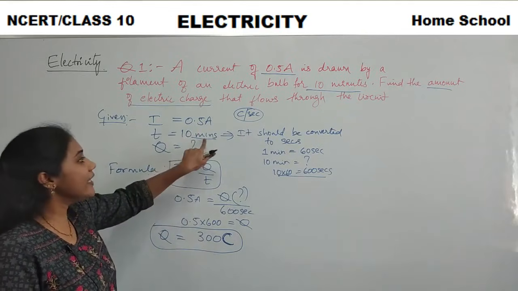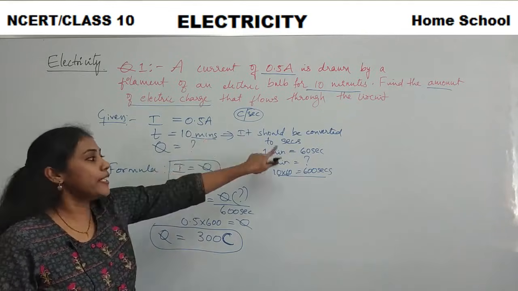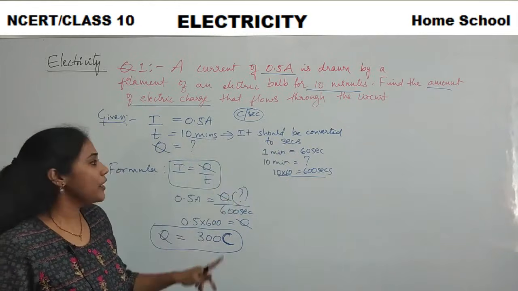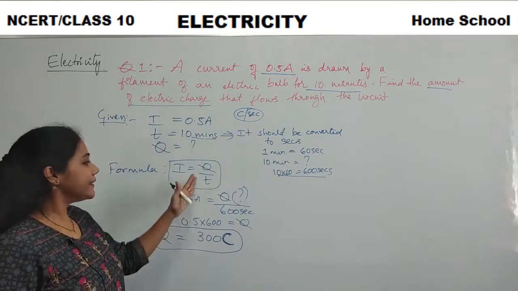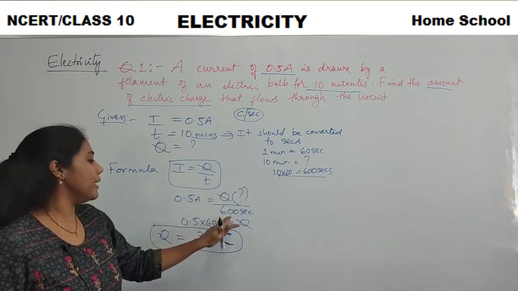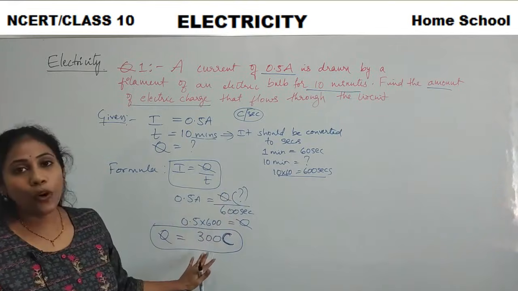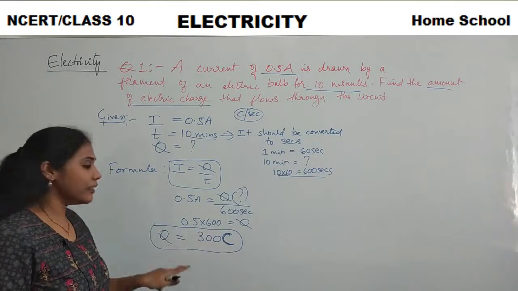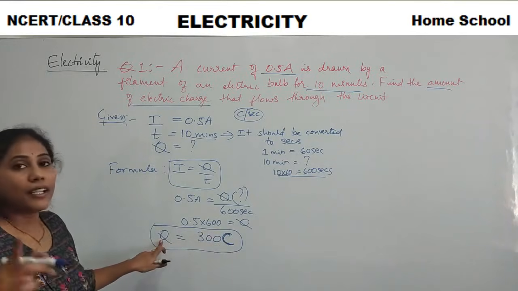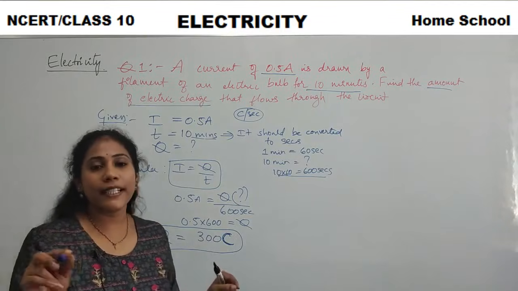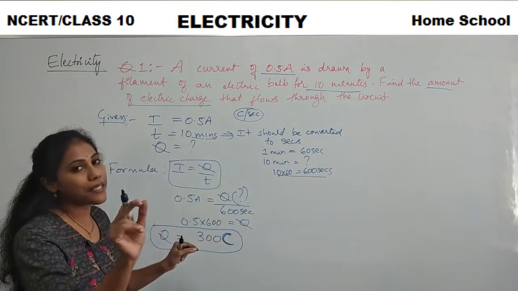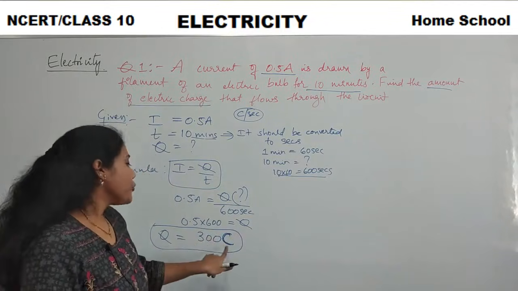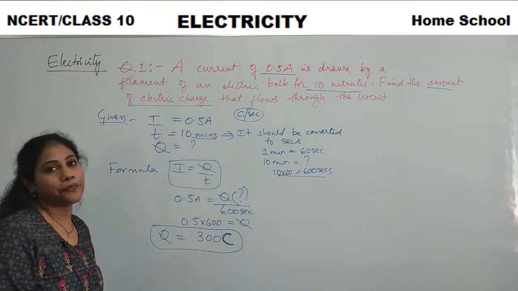If time is given in minutes or hours, you should definitely convert it into seconds. Then you substitute in the formula and calculate whatever you want. And in the answer, you should mention the unit. You calculated the charge, and for charge, the unit is coulomb. Coulomb is represented with a capital C, so you put C here. Right? Fine.